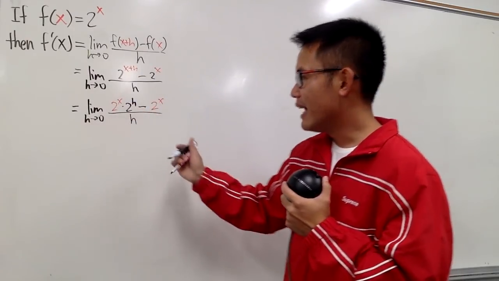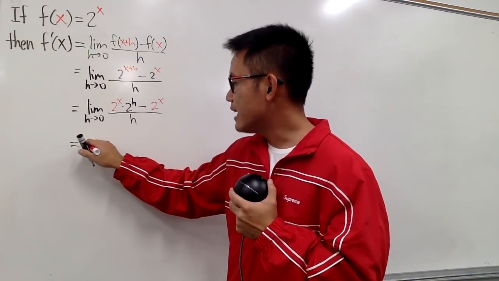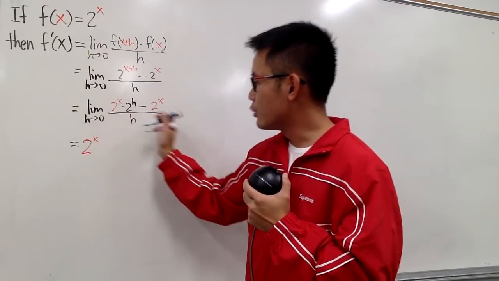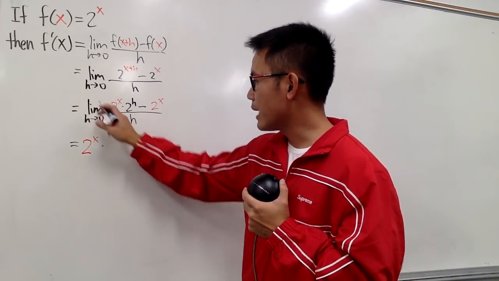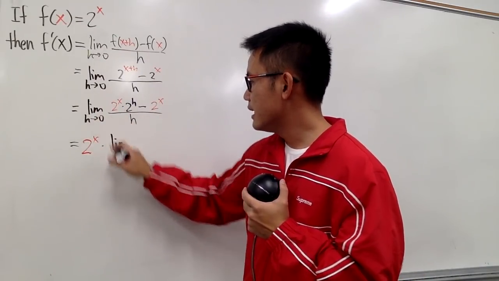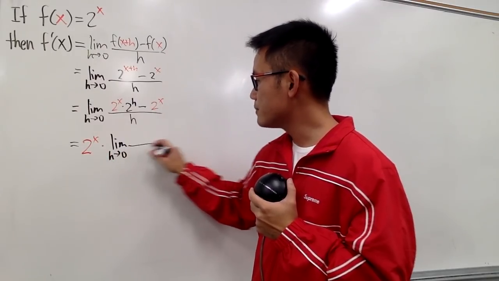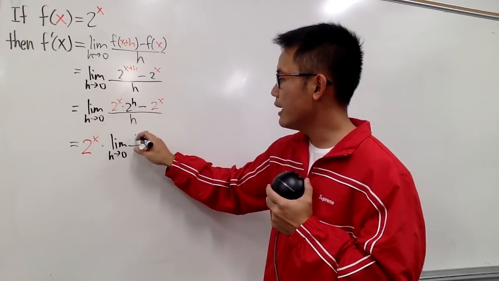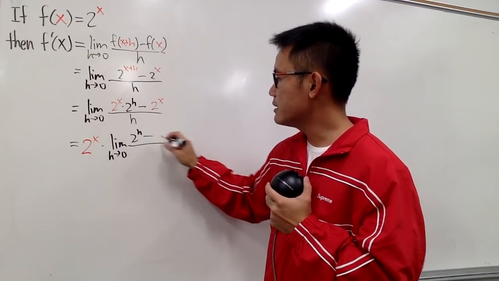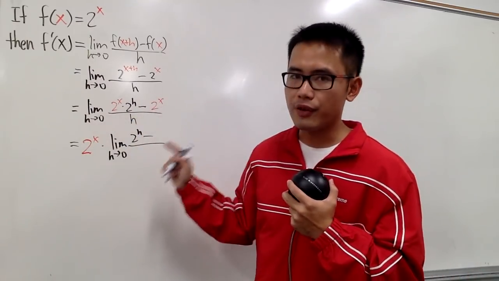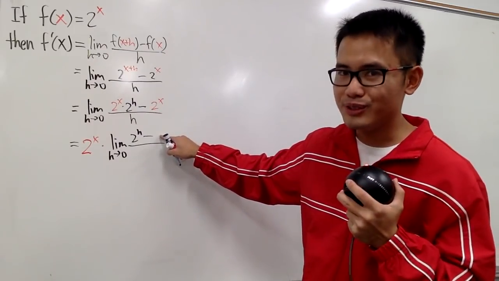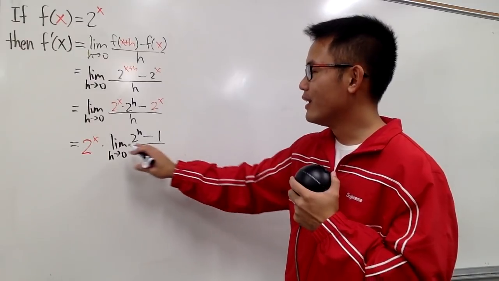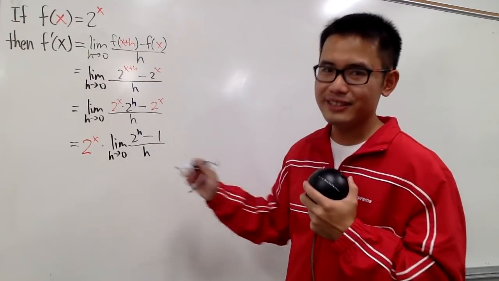The rest is the limit as h goes to 0 of 2 to the h left on the top, minus, we took this out to the front, but don't forget we still have the 1 right here. So that's 2 to the h minus 1 over h.